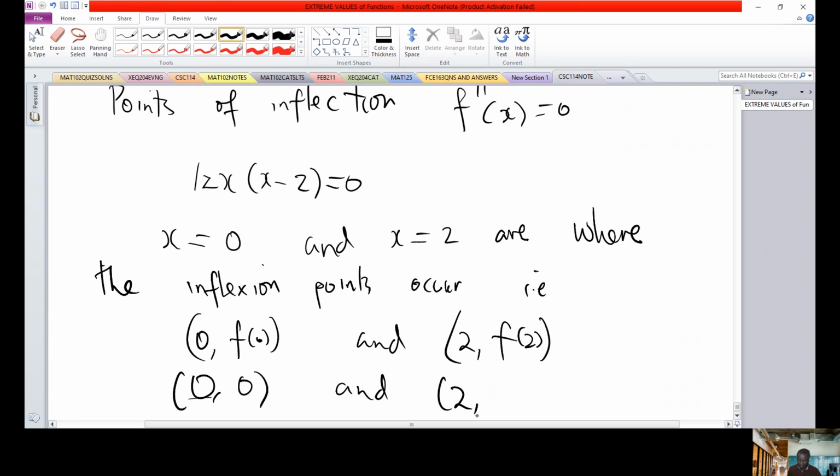So minus 4 times 2 to the power 3, so minus 16.